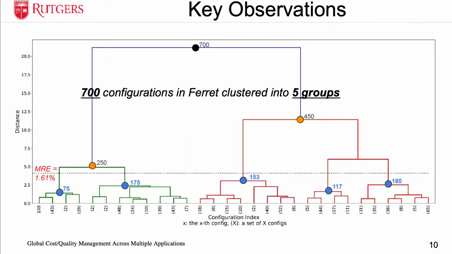Then, for similar slowdown behavior, we try to construct a performance model to capture the relationship between slowdown and the execution environment for all configurations in a bucket. If we can construct such a model, then it shows that these configurations will have similar slowdown behavior. As shown in the graph, 700 ferret configurations are clustered into 5 buckets, with a slowdown model constructed with a mean relative error of 1.6%.